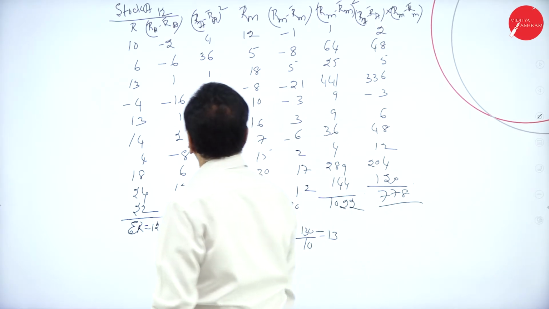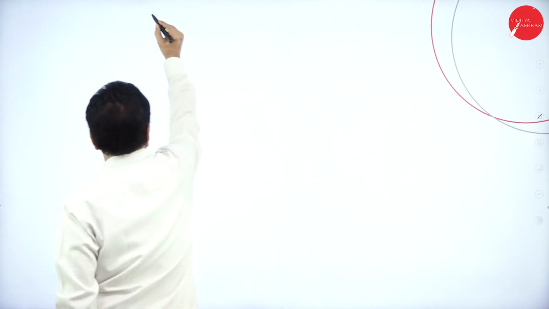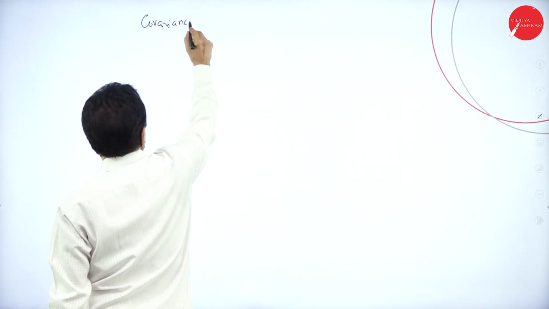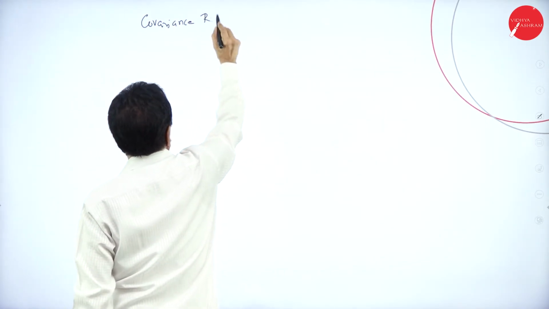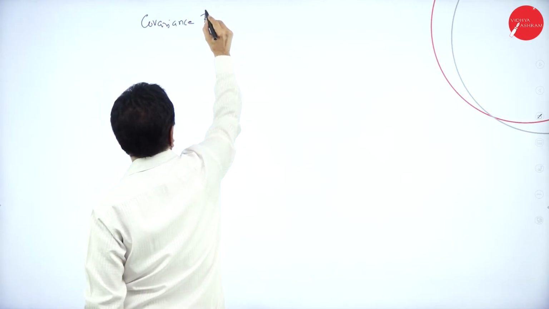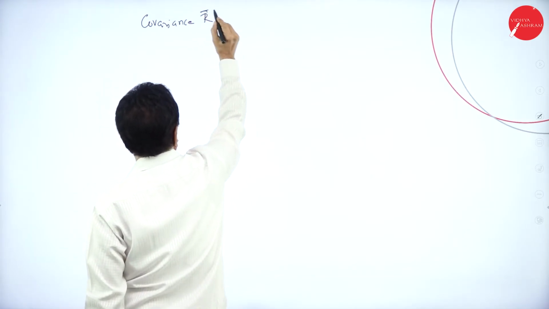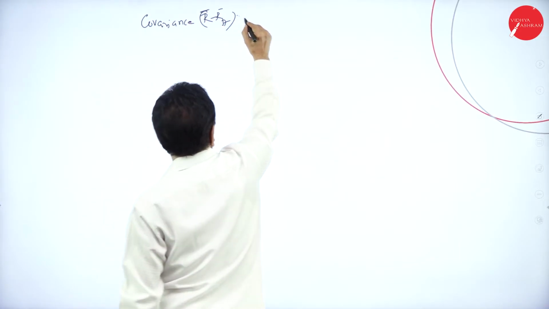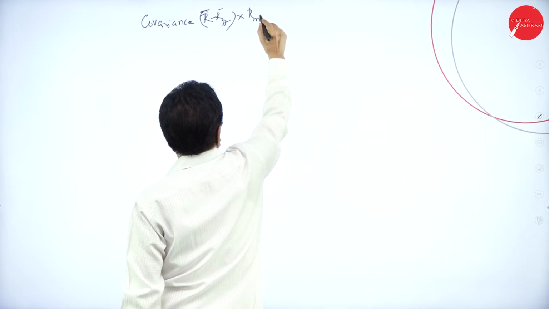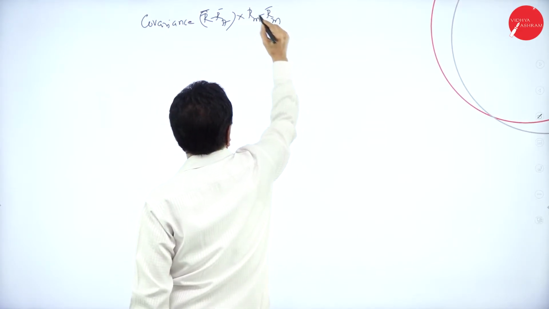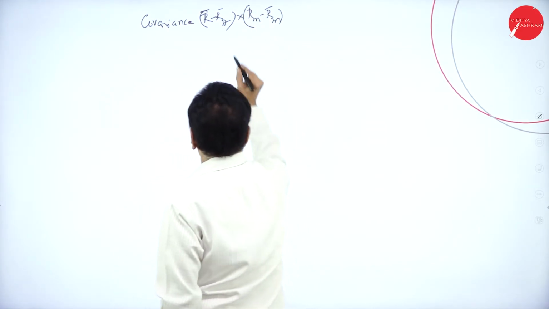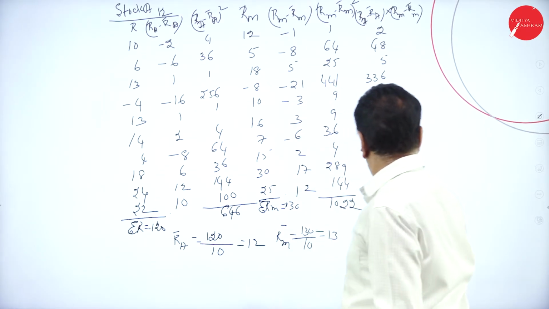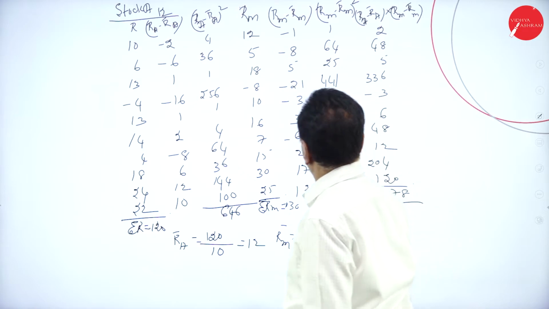So first, covariance is equal to the sum of R minus R mean A into R M minus R mean M, divided by n minus 1.